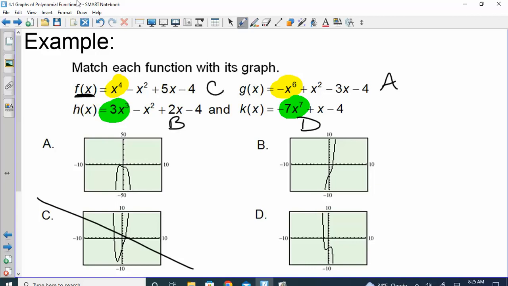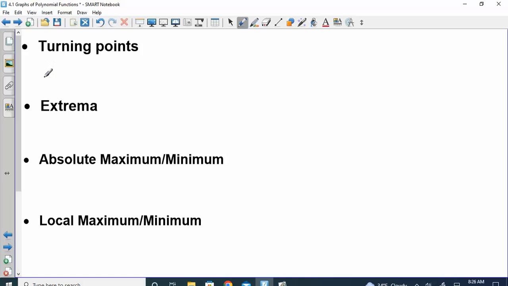Let's go through a few more pieces here. Turning points are where the graph changes direction.